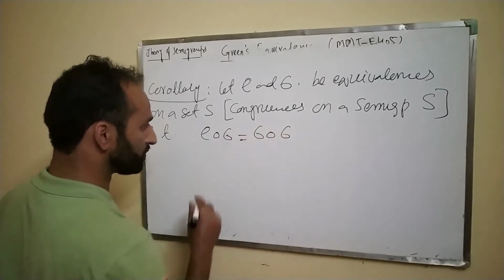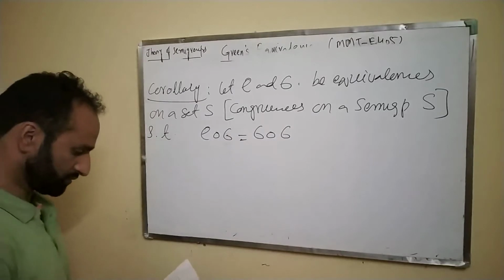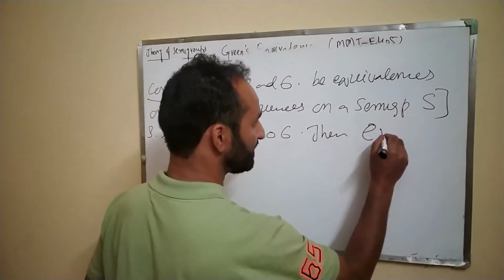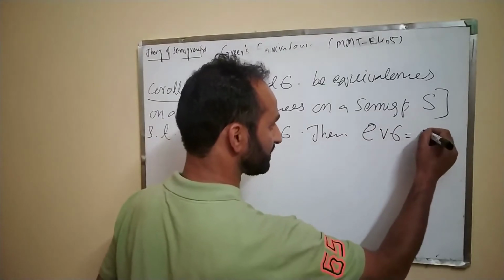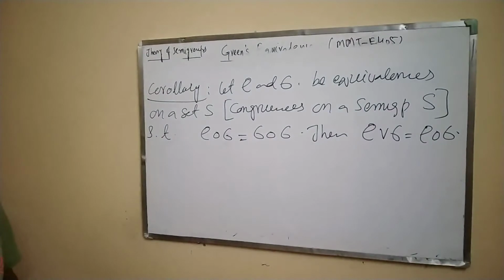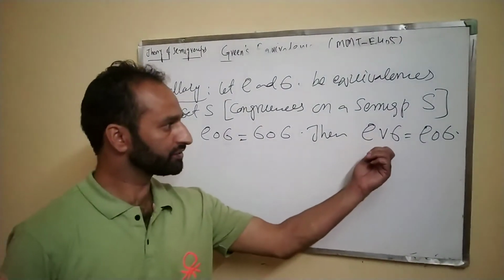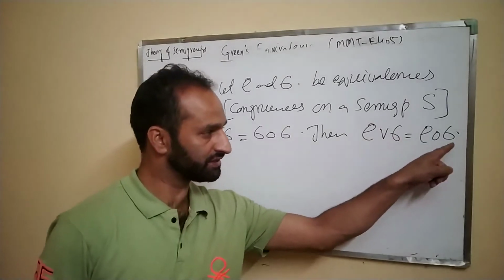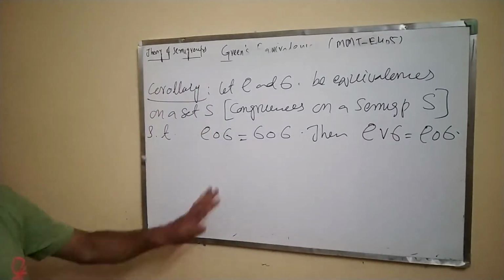That is, they commute under composition. Then the join is nothing but just the composition. So important: the smallest congruence, or smallest equivalence, containing rho and sigma is just their composition, in case they commute.